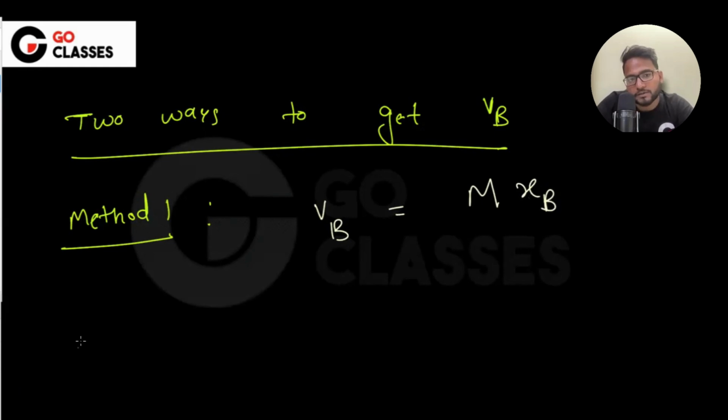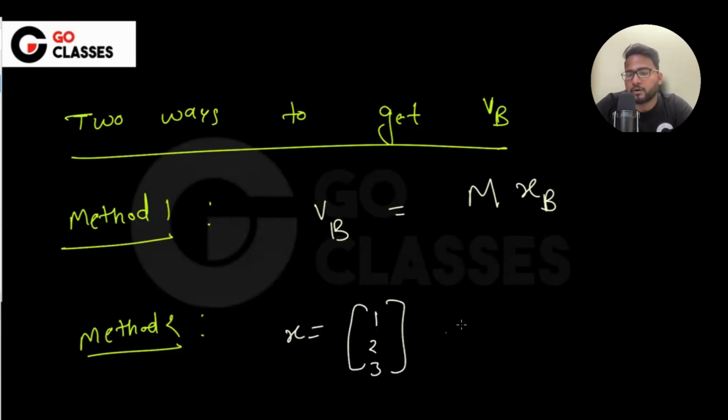Another way is the other procedure, where you have your x, which is 1 2 3. You just find out a transformation of this x, maybe L of x. This is easy to find, and then you represent that in B, right?